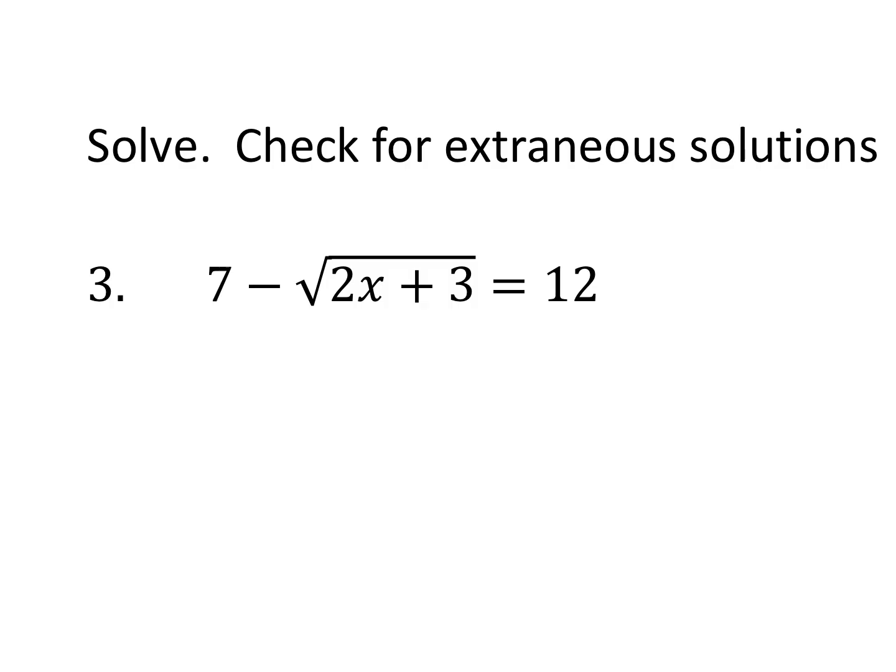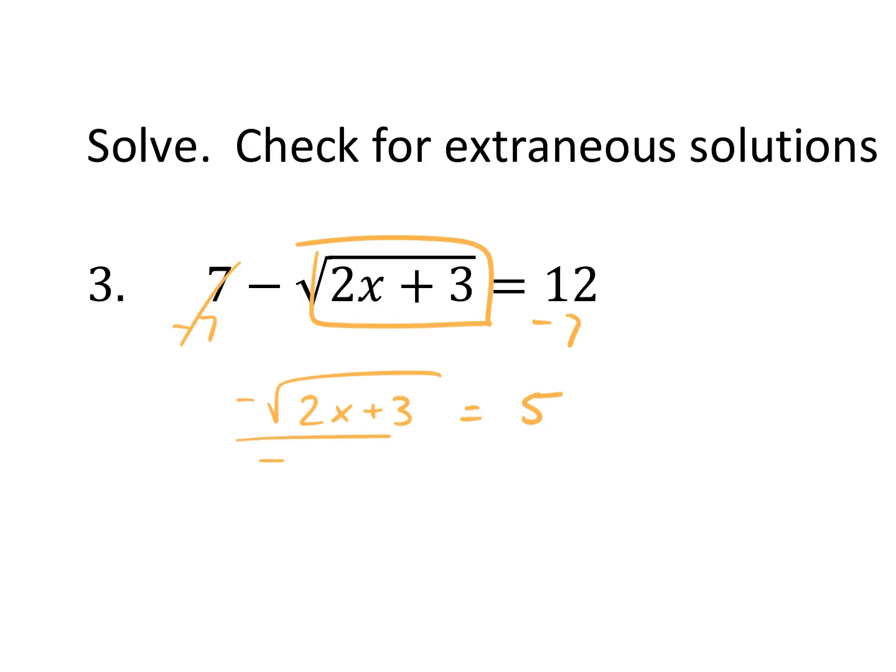When we're solving with square roots, we want to isolate the square root, get it all by itself. What should we do first here? Subtract the 7, so negative square root of 2x plus 3 equals 5. What next? Divide by negative 1, so the square root of 2x plus 3 equals negative 5.